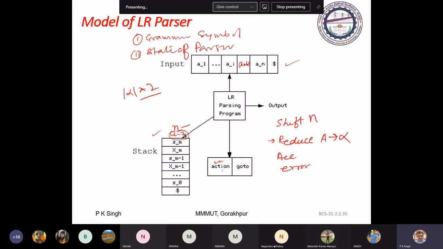Suppose this is ai, then state xm, this is state xm minus 1, this is state.